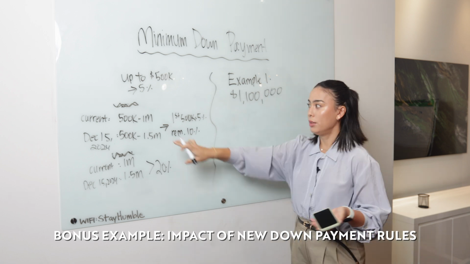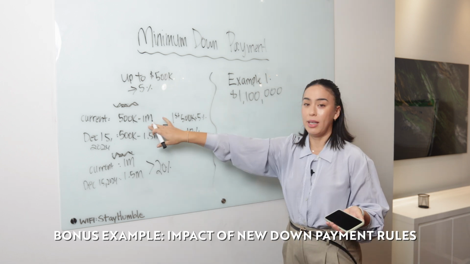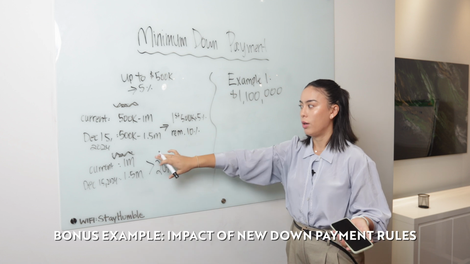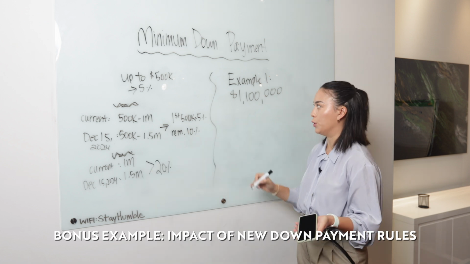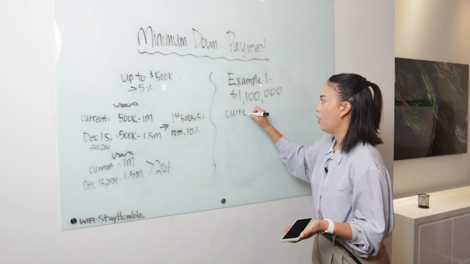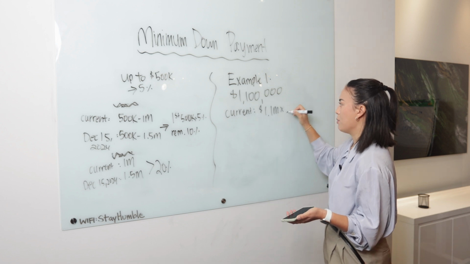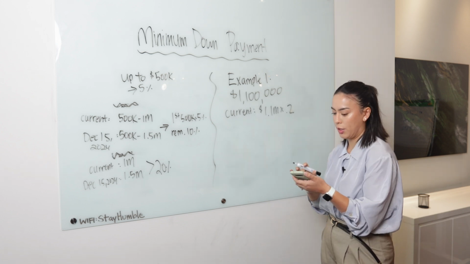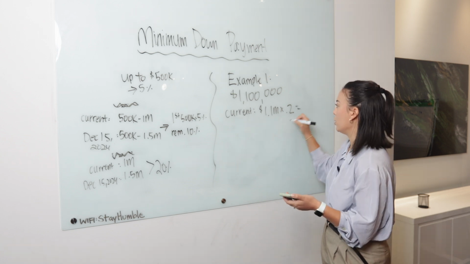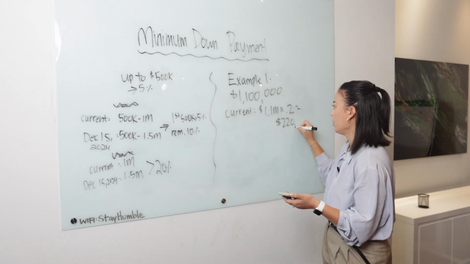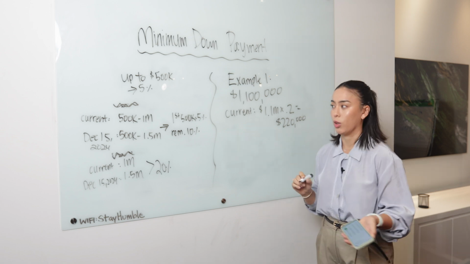As of the current rules, we would be above $1 million, so we would be subject to 20%. Right now, all we would do is 1.1 million times 20% as the calculation, and that comes out to $220,000, which would be your minimum down payment requirement.